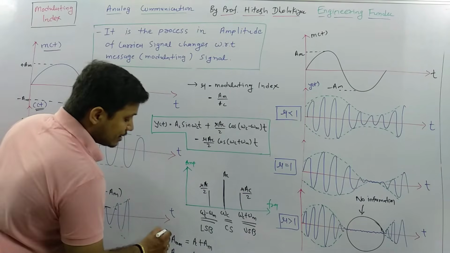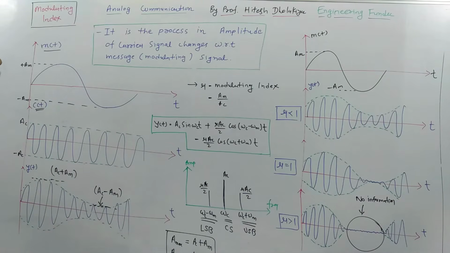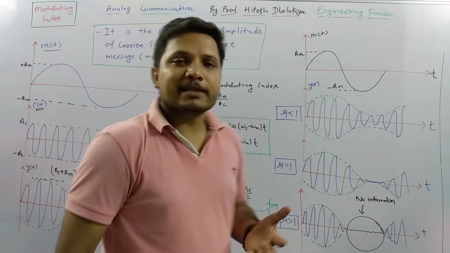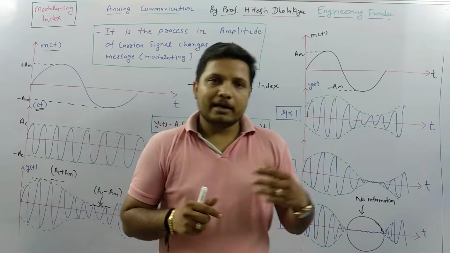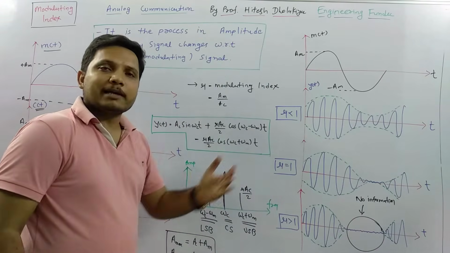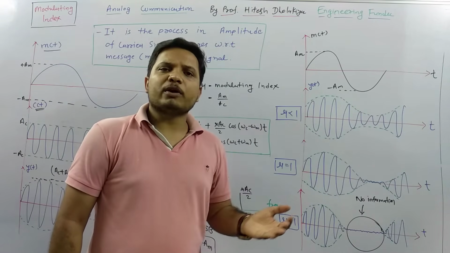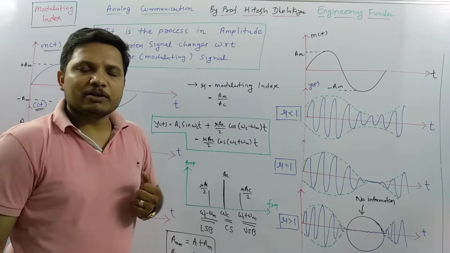These are the things you need to keep in mind to solve problems based on amplitude modulation. Modulating index plays a very important role, and these are the basic formulas you need to remember to solve examples based on amplitude modulation. That is even very important for the GATE examination, where there could be a problem based on amplitude modulation.